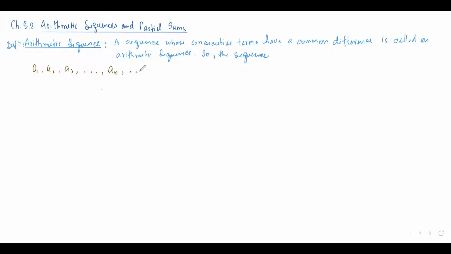If I write down up to this one, term 1, term 2, term 3, and so on to the An term, we call this a finite sequence, because we know the last term ends at An. And we represent it with the comma sign.